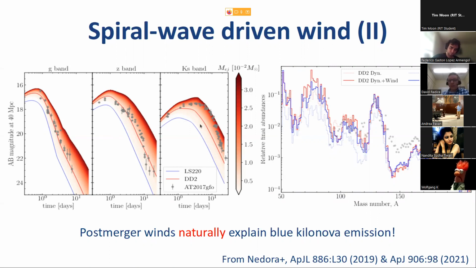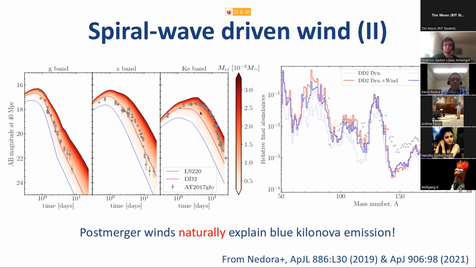What our models actually cannot explain self-consistently is the red kilonova. So for that, we need to invoke some mechanism that will take place after black hole formation that produces sufficiently neutron-rich outflows. And here a proposal that has been made by Daniel Siegel and others is that the winds from the disk may produce these outflows.